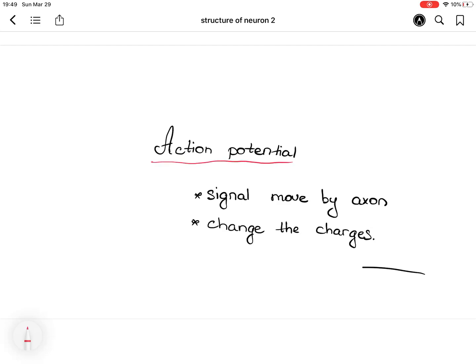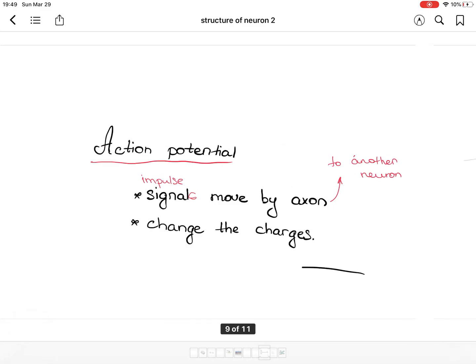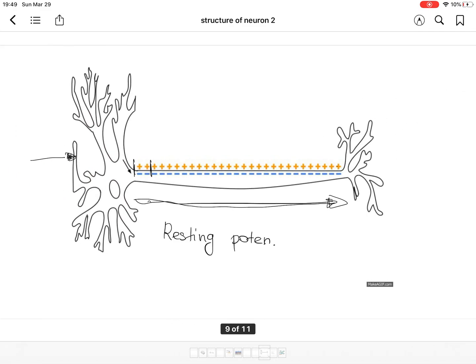Action potential means the signal or impulse moves along the axon to another neuron. Action potential means a change of charges. Okay, now we will look at the direction of the impulse.